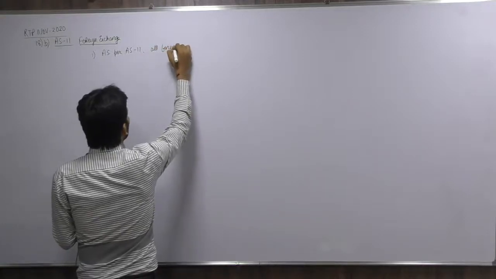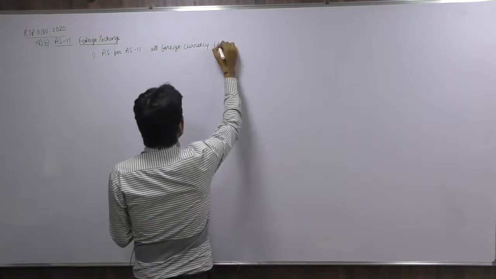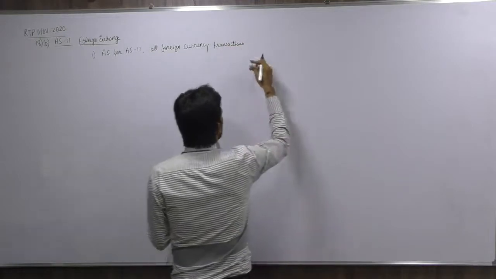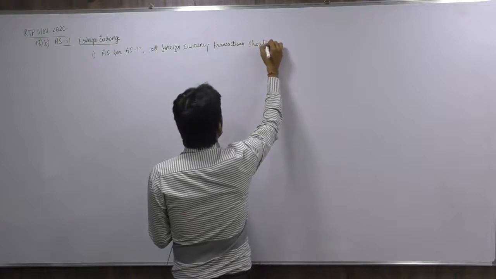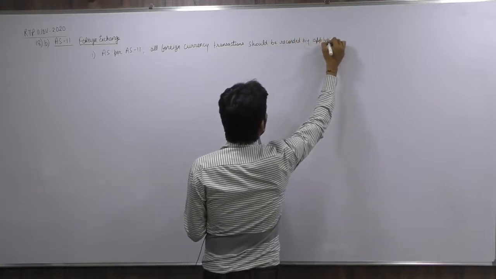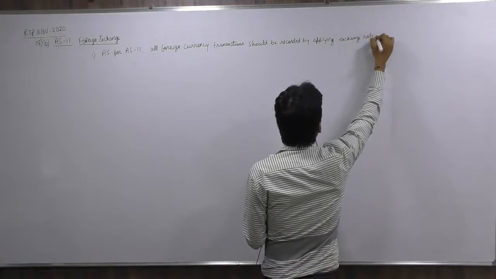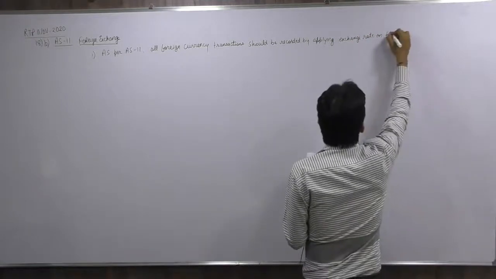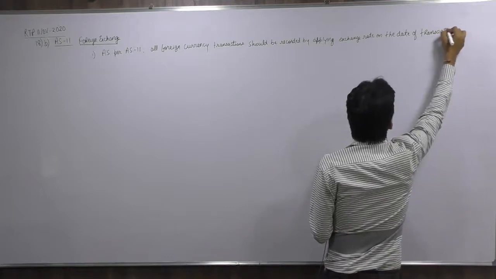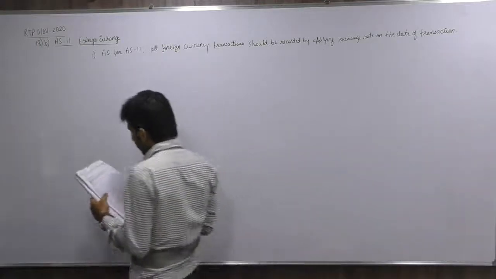All foreign currency transactions should be recorded by applying the exchange rate on the date of transaction. जो मैं बोल रहा था should be recorded by applying the exchange rate on the date of transaction. बराबर है?